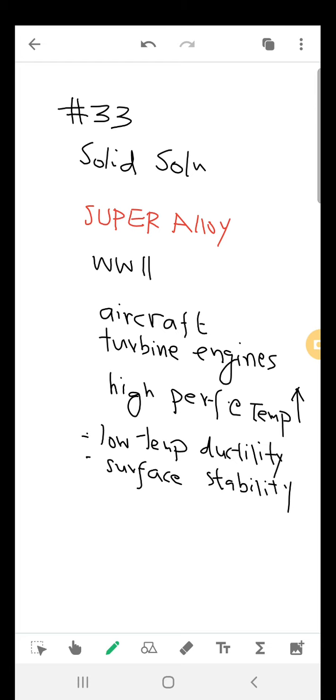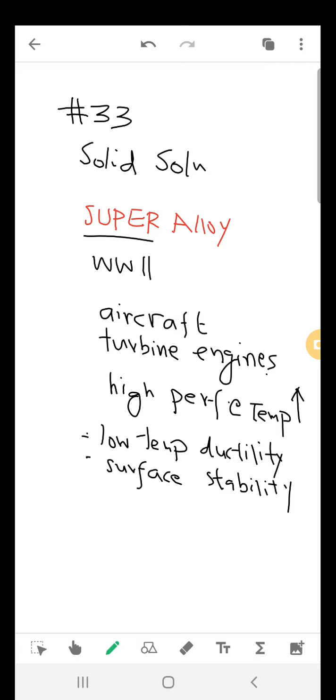So we can see that we are actually asking for a lot. We are asking for high performance at both low and high temperature as well as surface stability. That is why the name super is given to these sort of alloys.